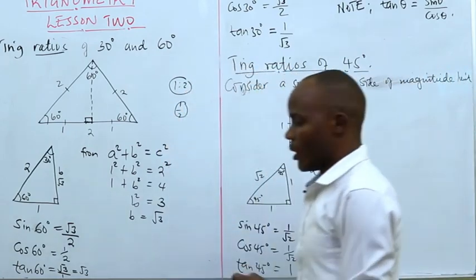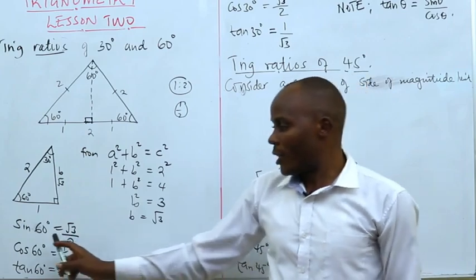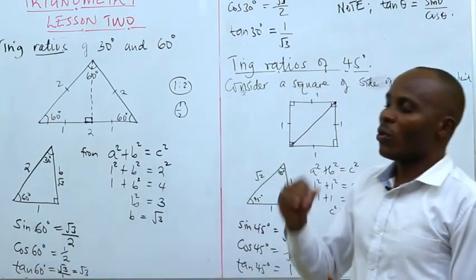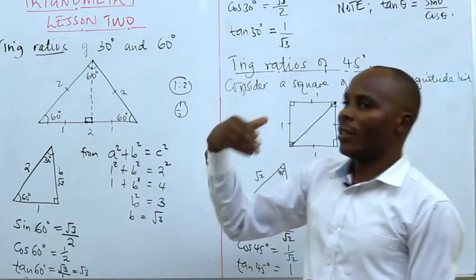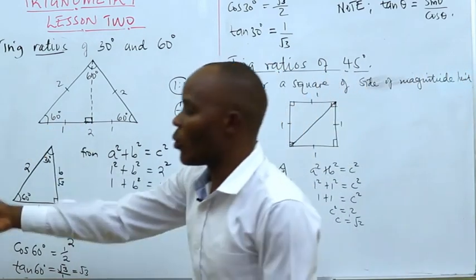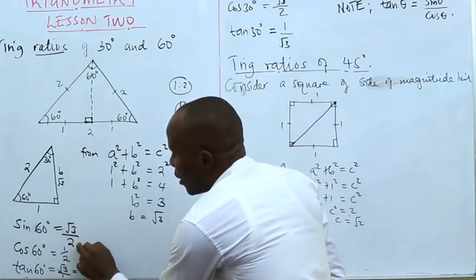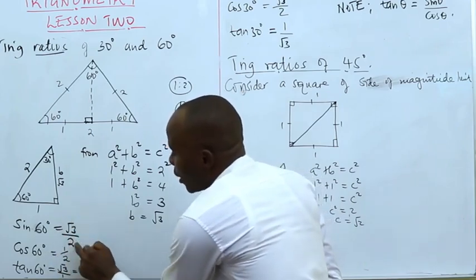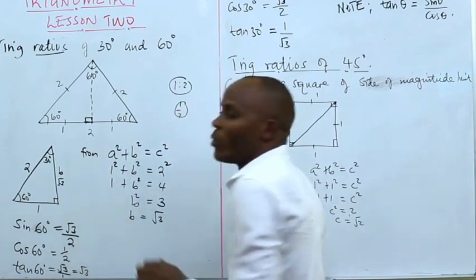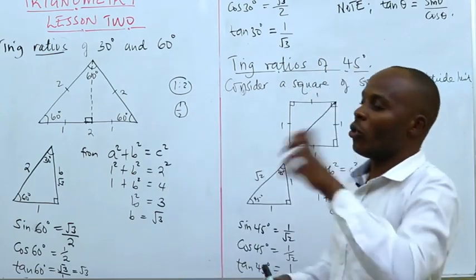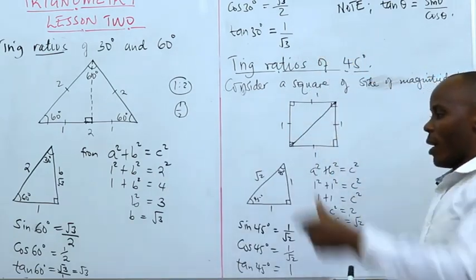From your calculators, for instance, if you press sine 60 degrees, the calculator will give you 0.866 and so on. If you get the value of root 3 on your calculator and divide it by 2, you will still get 0.866 and so on.